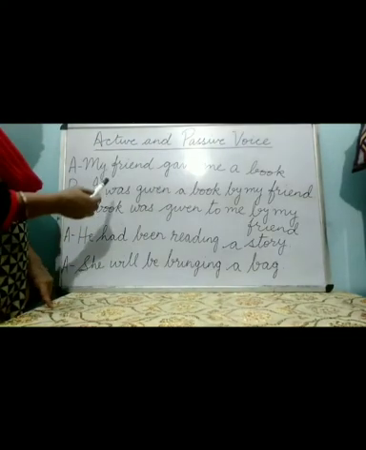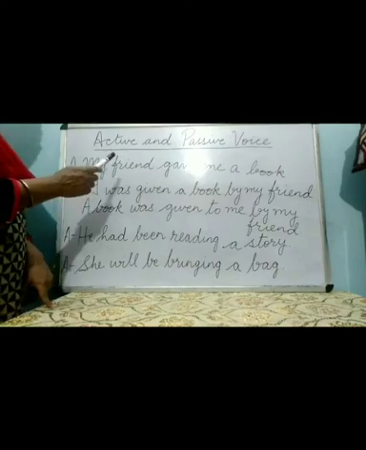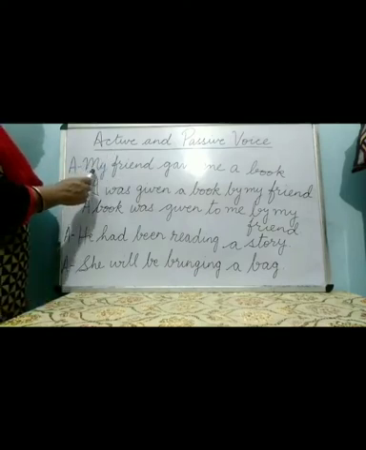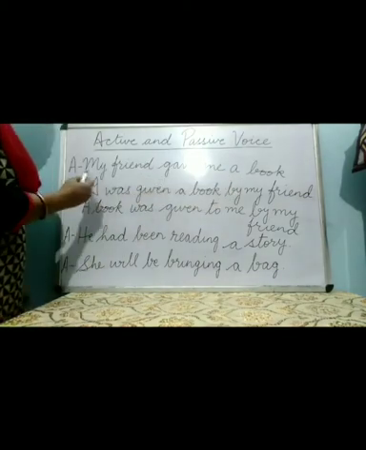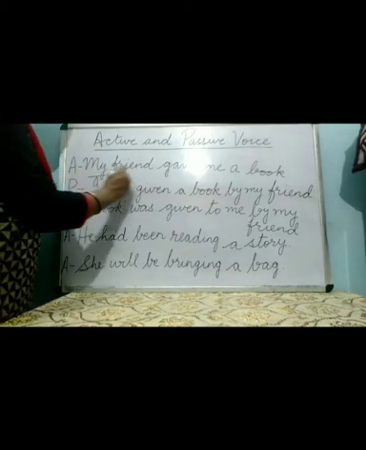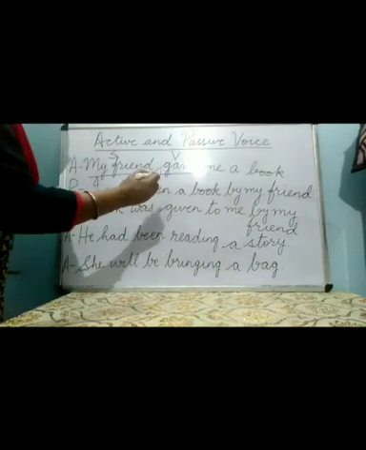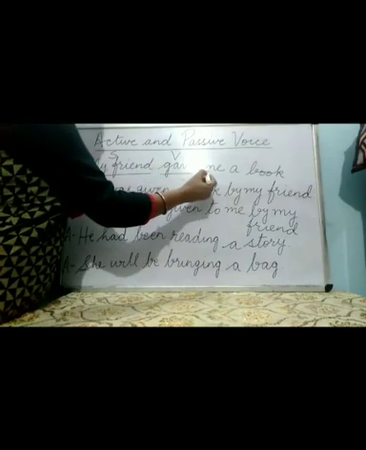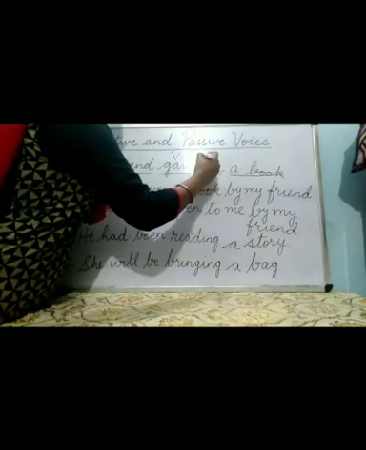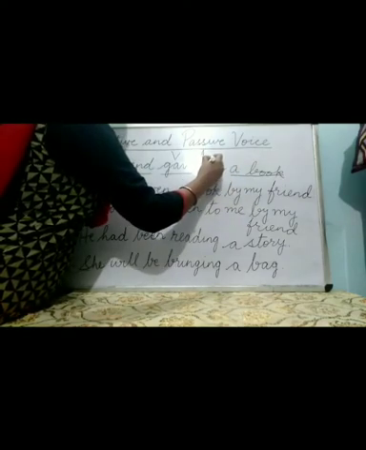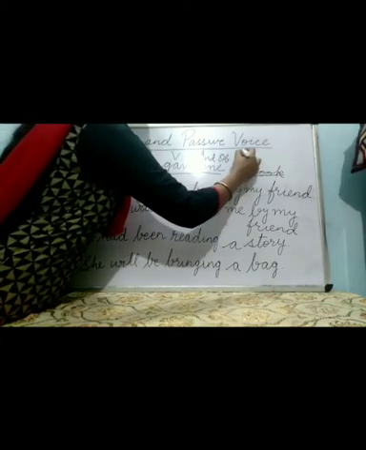Next children, I will tell you about the sentence which has two objects in it. Like for example, here I have written, my friend gave me a book. Now here, my friend is the subject, gave is the verb, and here you can see there are two objects, me and a book. So me here is indirect object and a book is direct object.